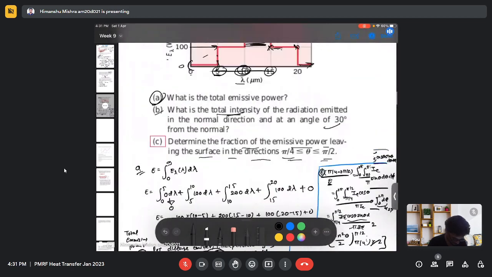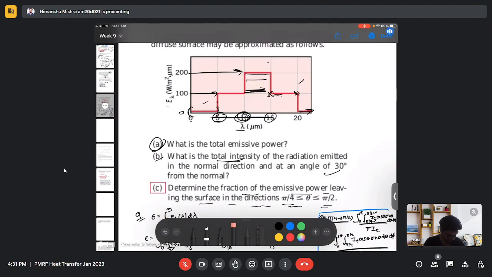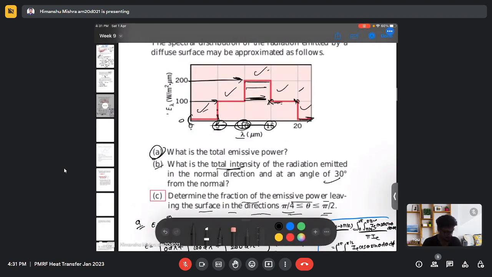So here in this question, we are given a spectral distribution of a diffusive surface, and first we need to find the total emissive power. So we just integrate it region by region to find the total emitted power.